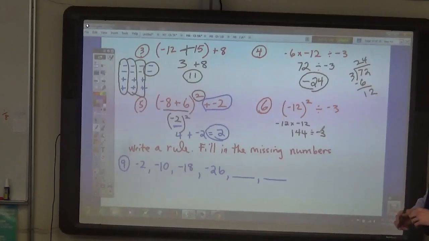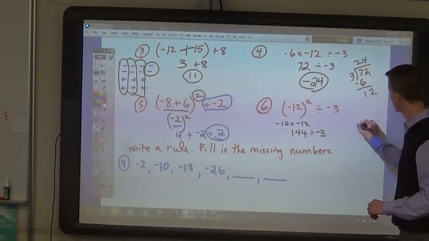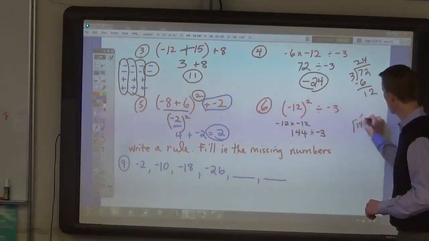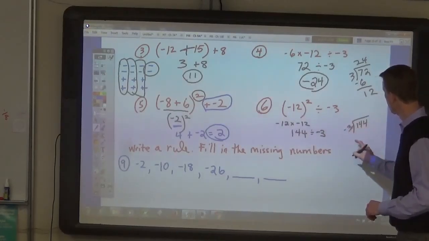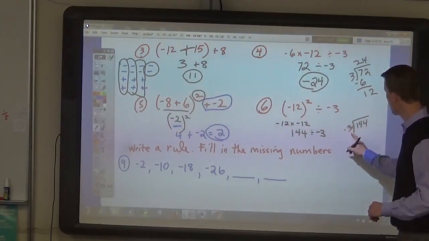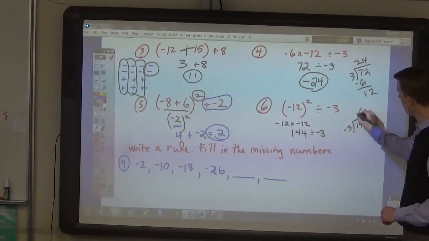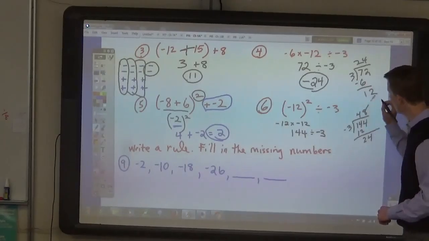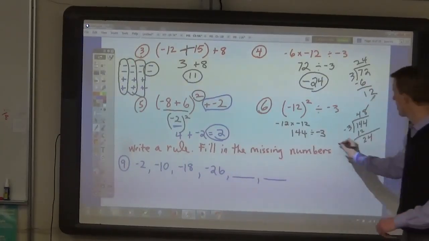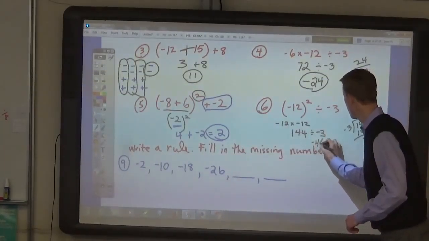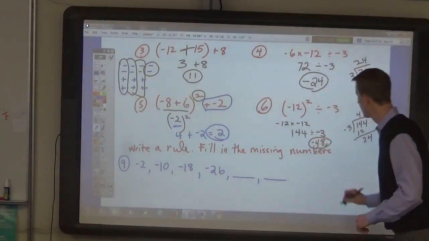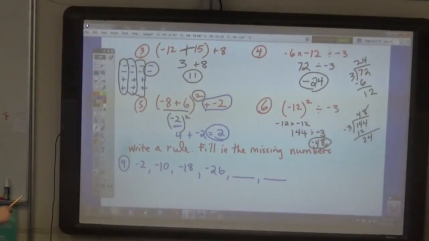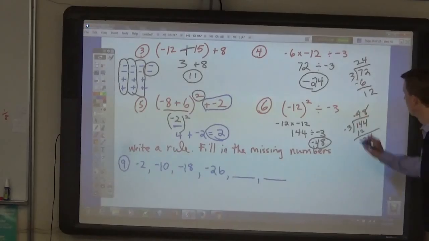Negative 48. Let's check it. 144 divided by negative 3. We know it's going to be negative. 3 goes into 14 4 times. Remainder 2, bring down the 4. Excellent. Way to go, Jeremiah. Negative 48. You have to put a negative on that other one and on the other.